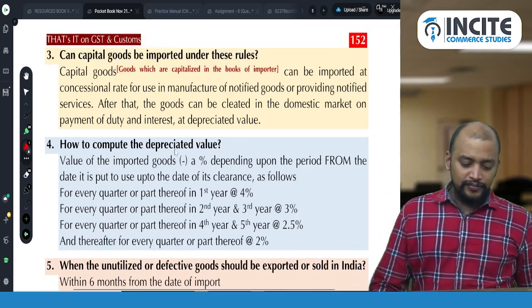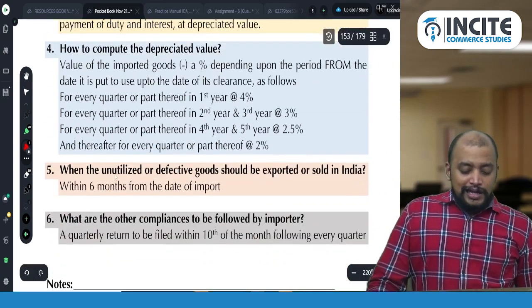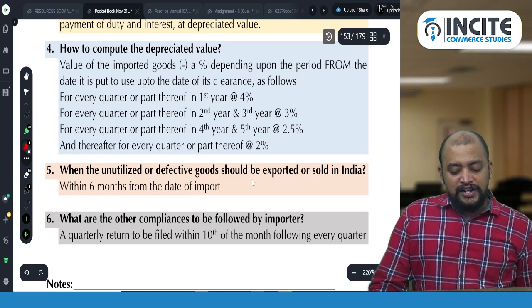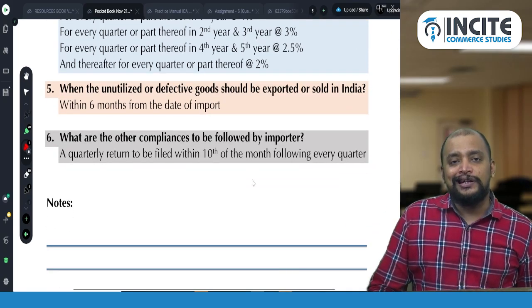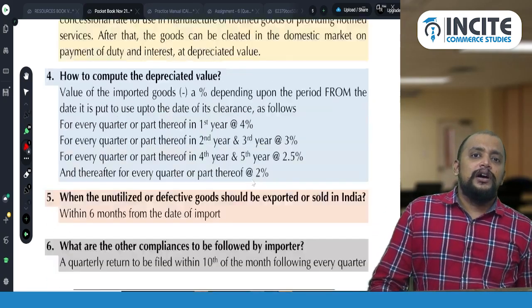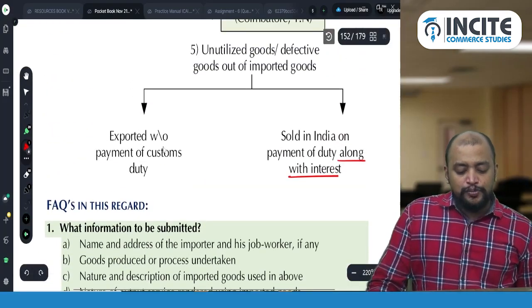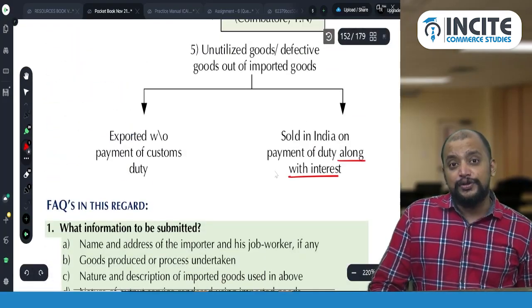Okay. Clear here? Then when the unutilized or defective goods should be exported or sold in India, it should be sold in India or exported without payment of customs duty within 6 months.